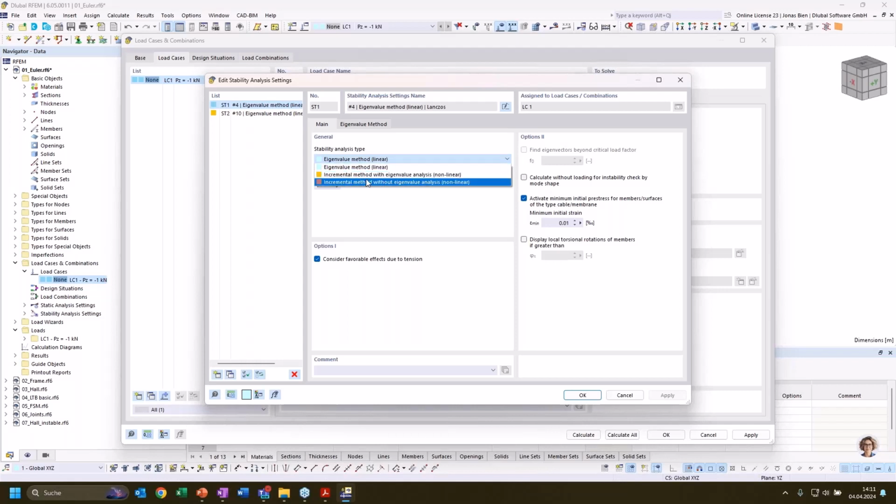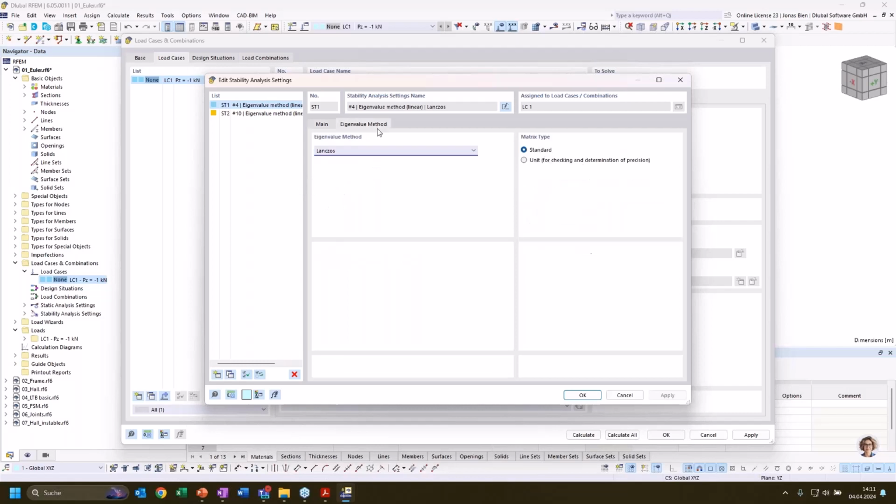If you want to learn more about the incremental method, you should maybe watch the last webinar, which I held together with Andreas Hörold. There we focus on this method. But today we want to just keep it linear and apply the eigenvalue method. 4 eigenvalues are enough for our simple case, so I keep this number set here.